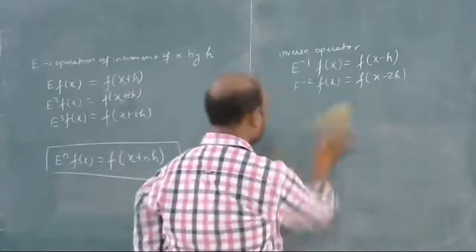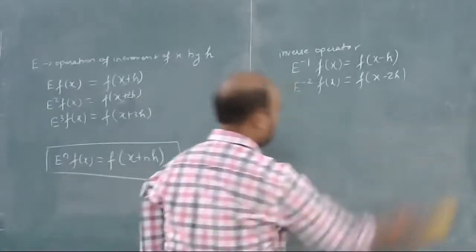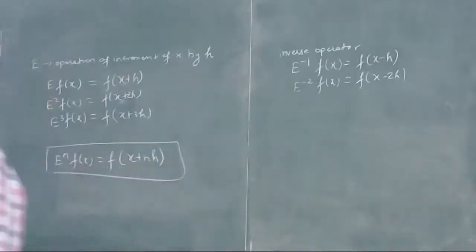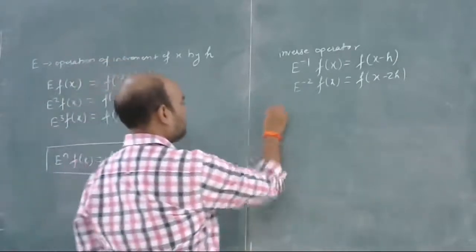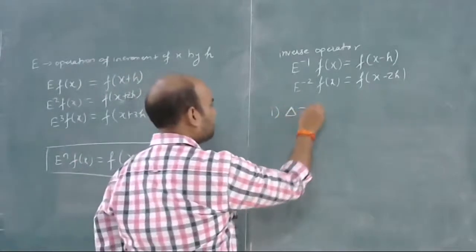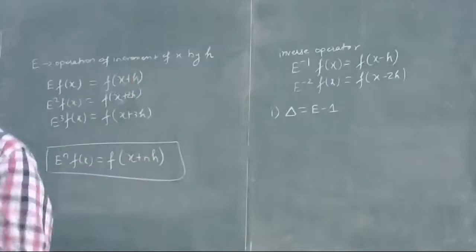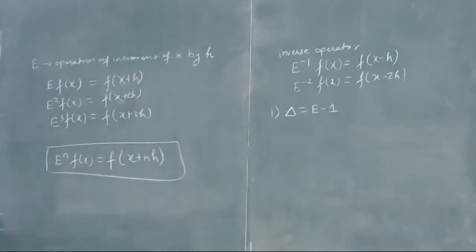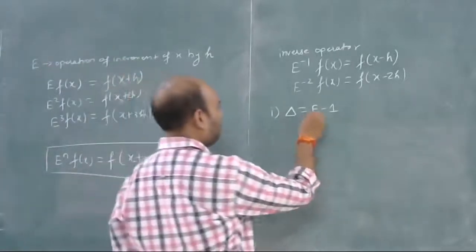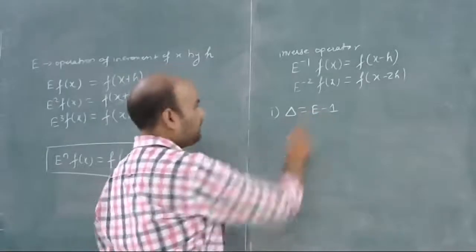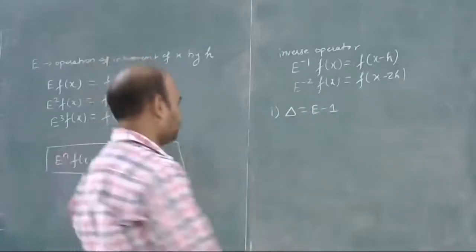So some relations are there between E, delta, del, inverse del and mu. The first relation is del is equal to E minus 1. We have to prove del is equal to E minus 1.